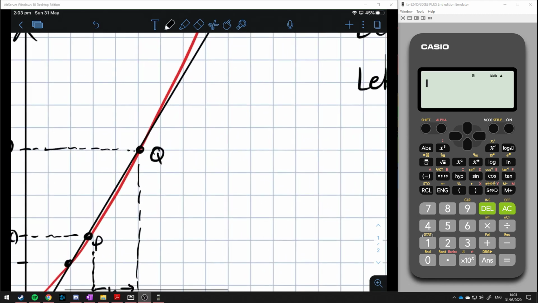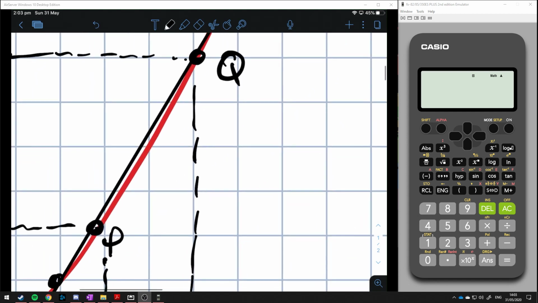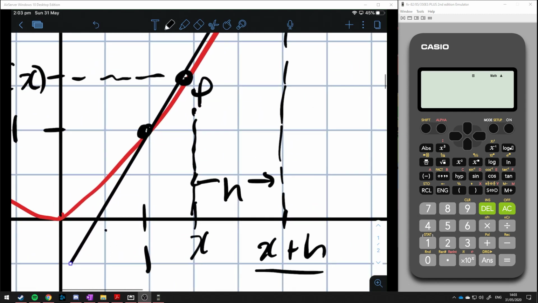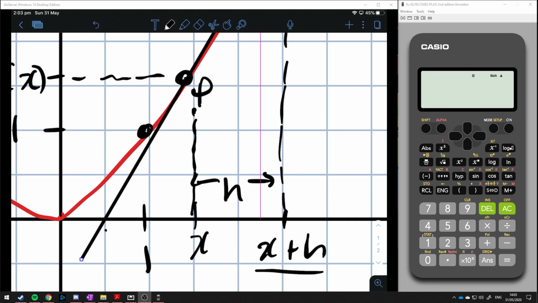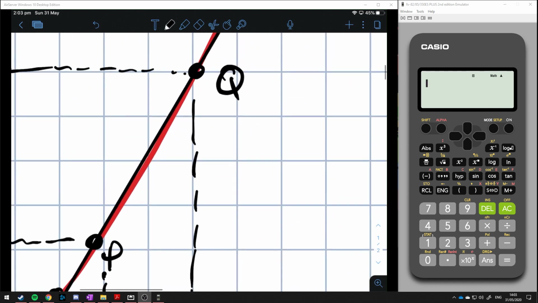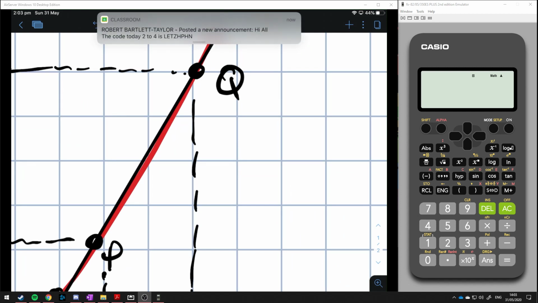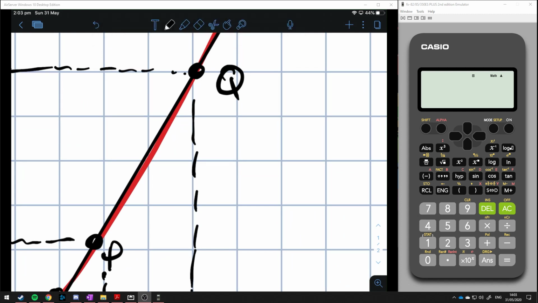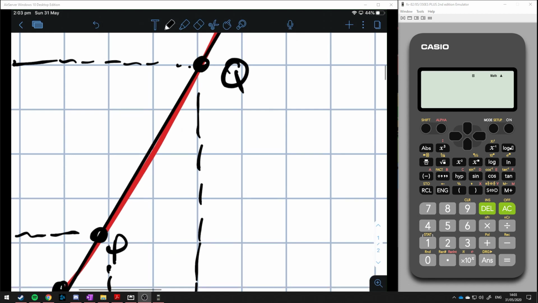I'm just going to zoom in heaps. It's really hard to do this here, but we've got a difference between the two. It's not exactly on the line, there's a bit of a gap between the two, but it's the points that are going to make the secant.